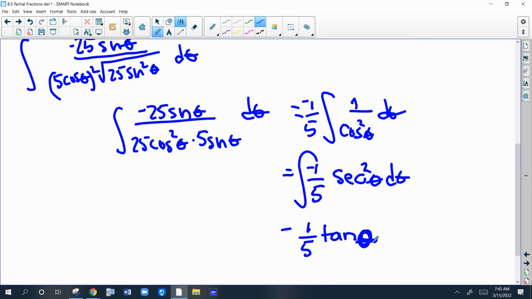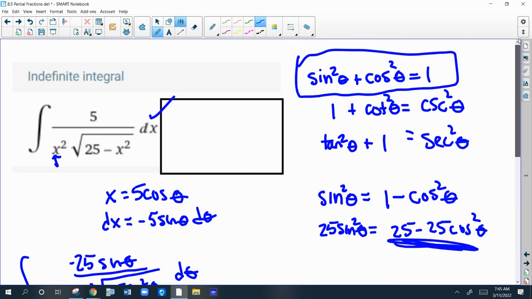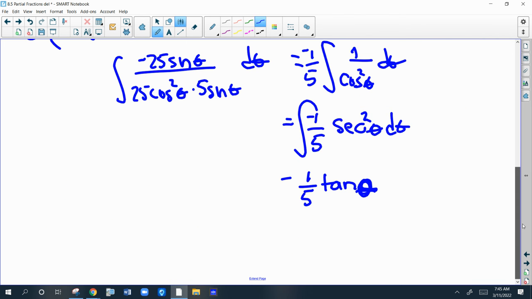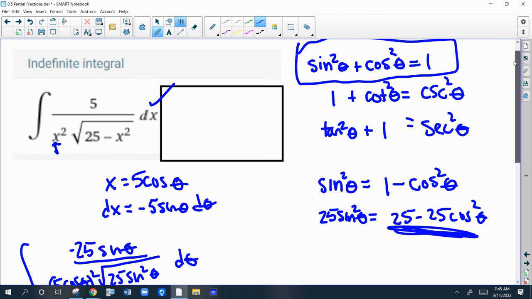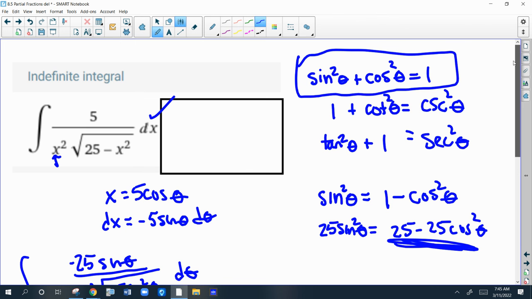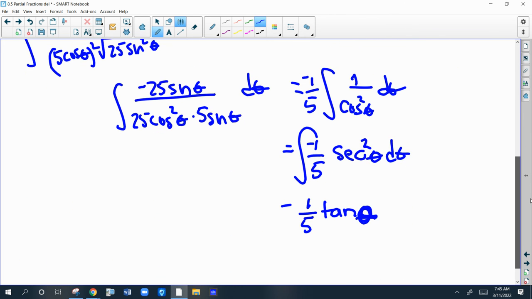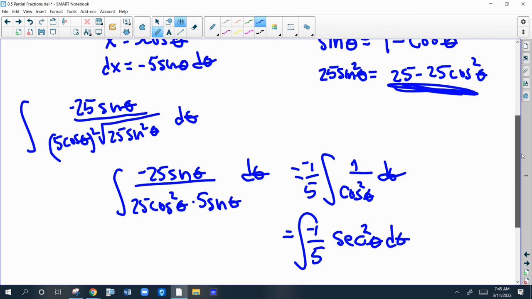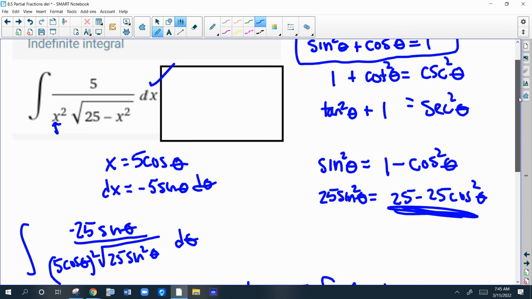All right, so now here's the thing. I can't say that this integral is tan theta because that doesn't make any sense. So now you have to substitute for tan theta. You'll notice I don't have a tan theta.